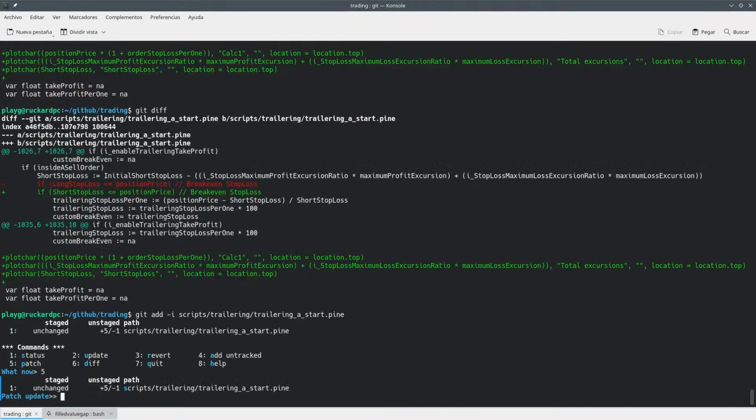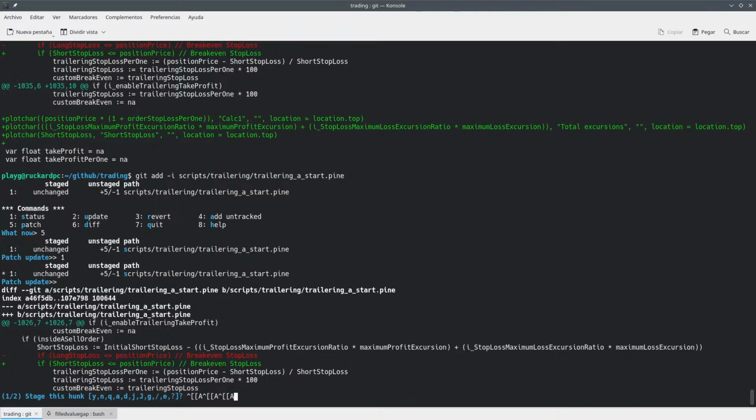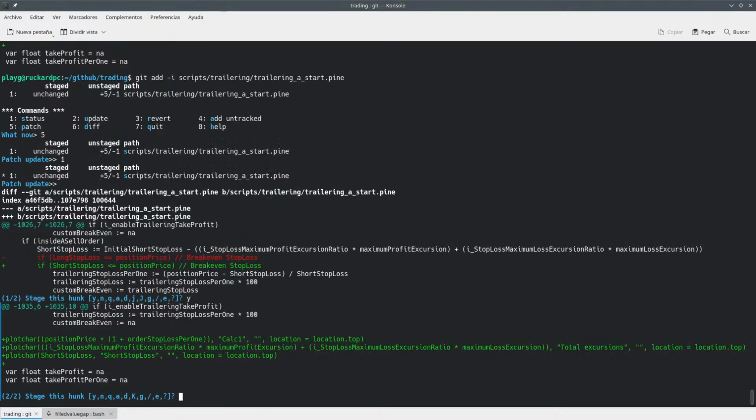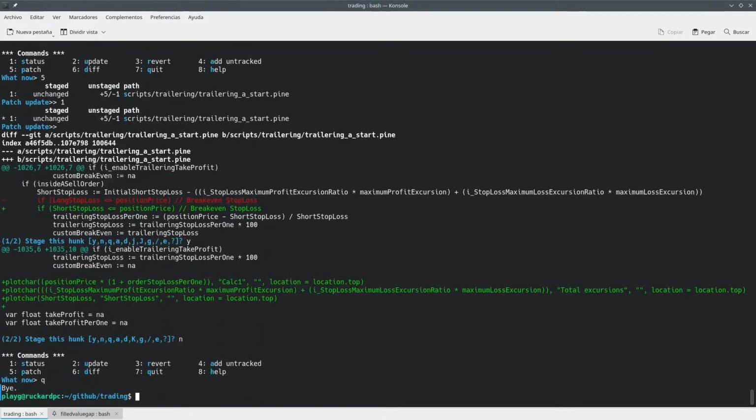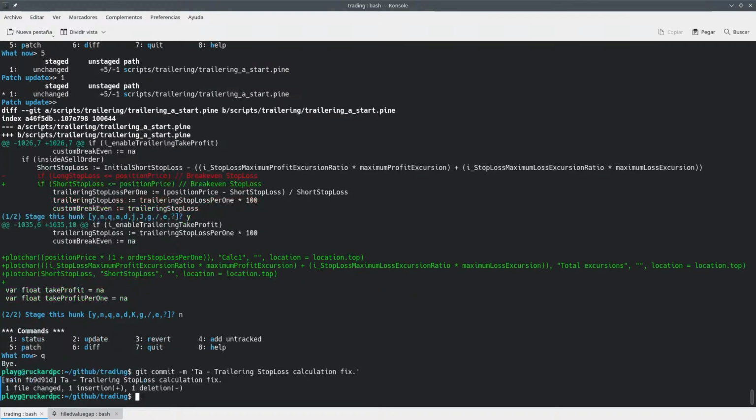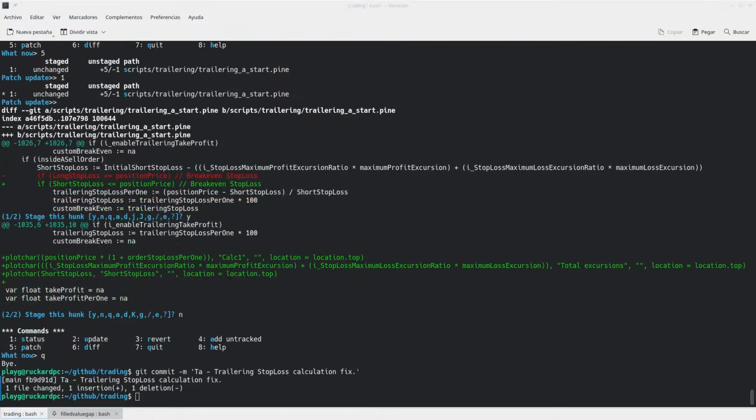Okay, this one, not this one. So this is calculation things. Okay, never mind.